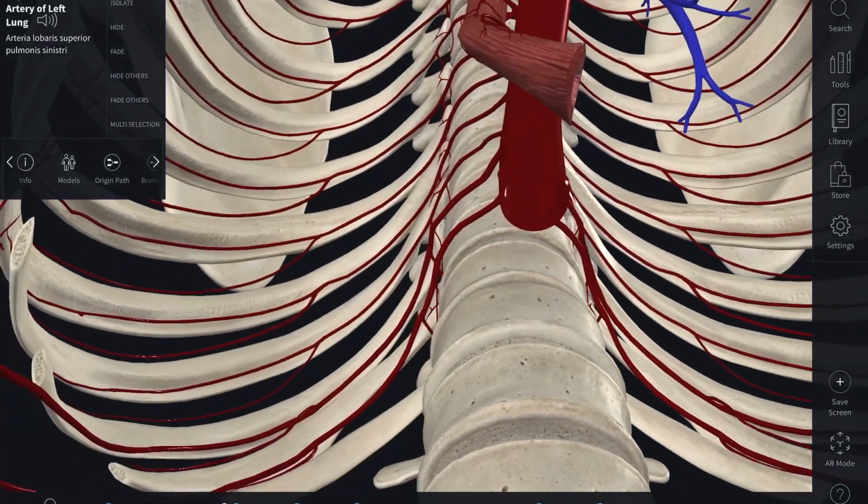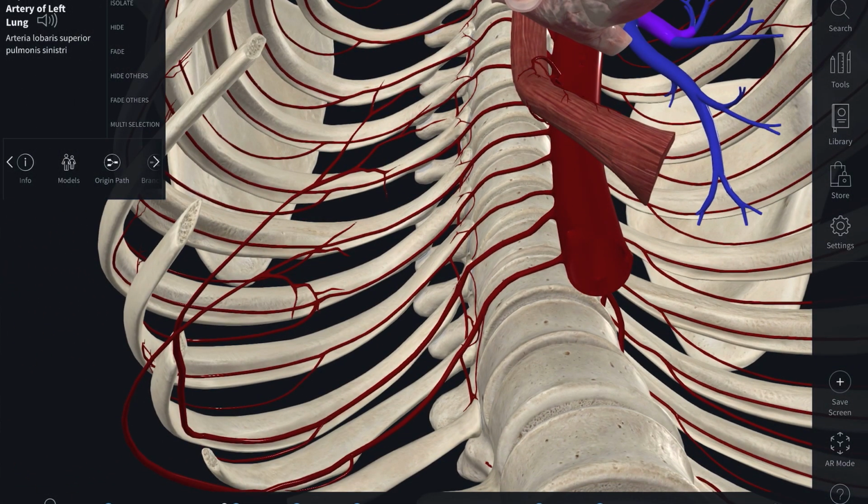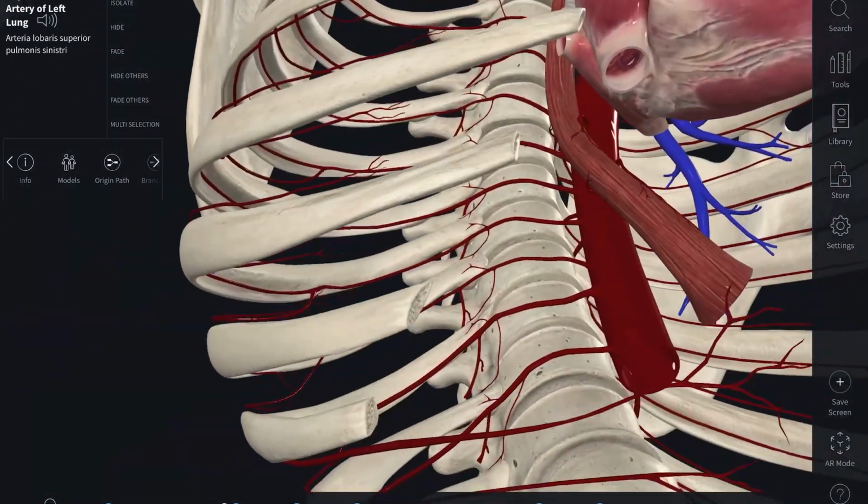But we have all of these arteries coming out of the aorta. These are what are called your posterior intercostal arteries, providing blood through here.